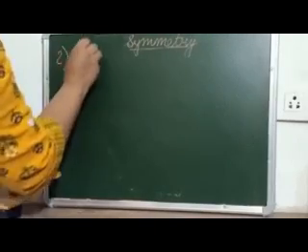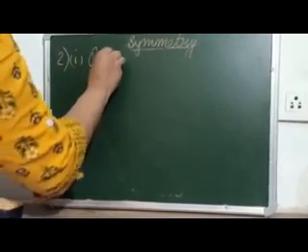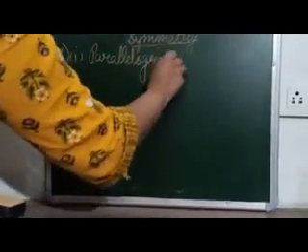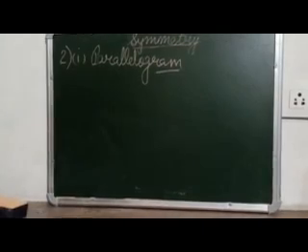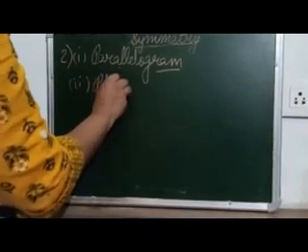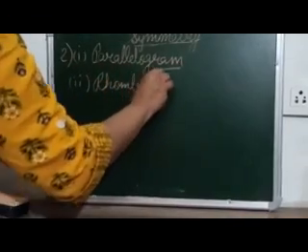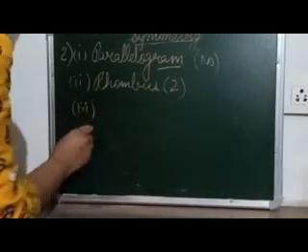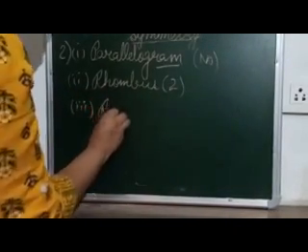First, we are asked about parallelogram. So in parallelogram, we have already discussed that there is no line of symmetry. Second is rhombus. Rhombus we have also discussed that there are two lines of symmetry. Then third one is rectangle.